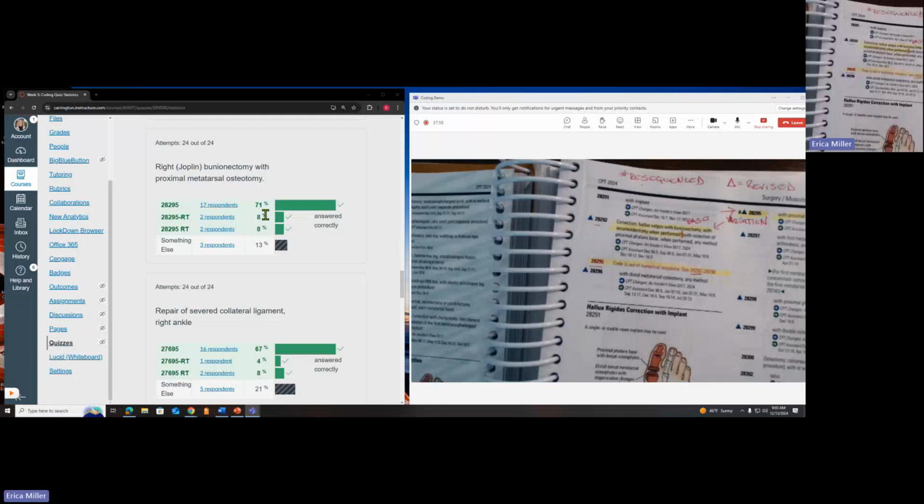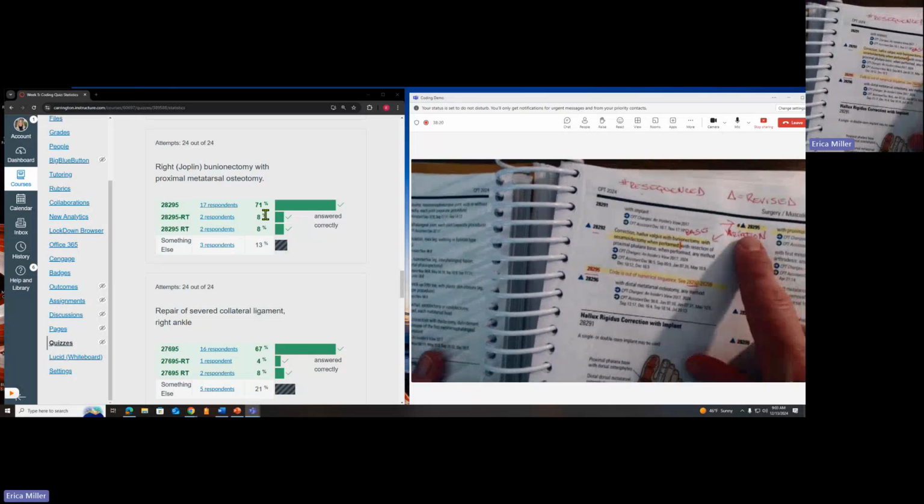Sometimes codes get resequenced. That happens when they do revisions on these books every year. And sometimes they find that certain procedures should be grouped under different subsections, and that's more appropriate and relates to more of the same type of procedures. And so they'll just move it over to that section.